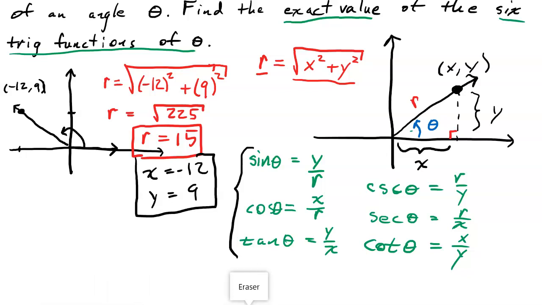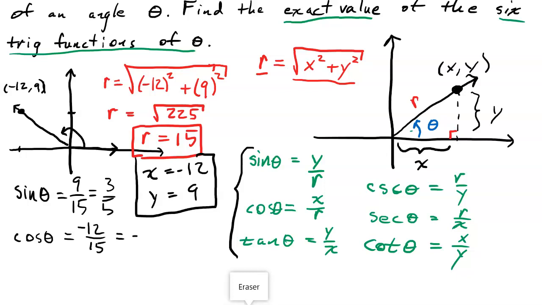Sine theta is equal to y over r, which is 9 over 15, which can be simplified to 3 over 5. Cosine theta is equal to x over r, which is -12 over 15, and this is going to be simplified to -4 over 5.